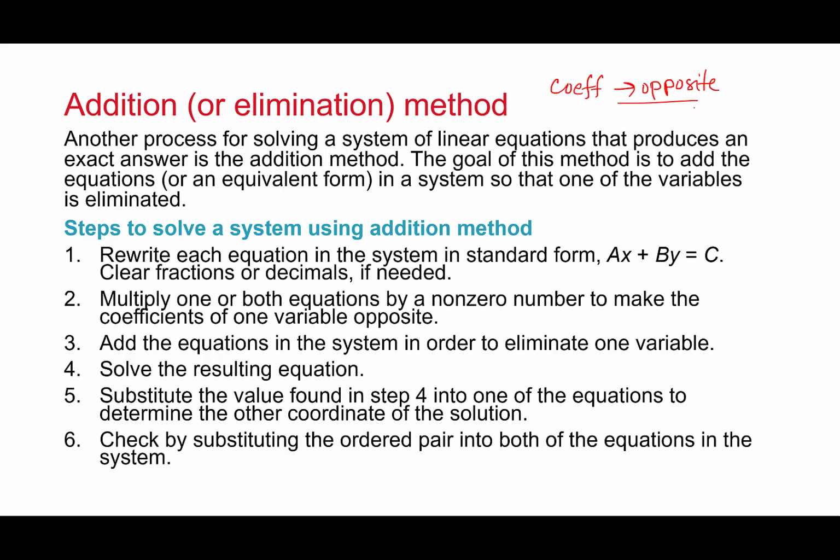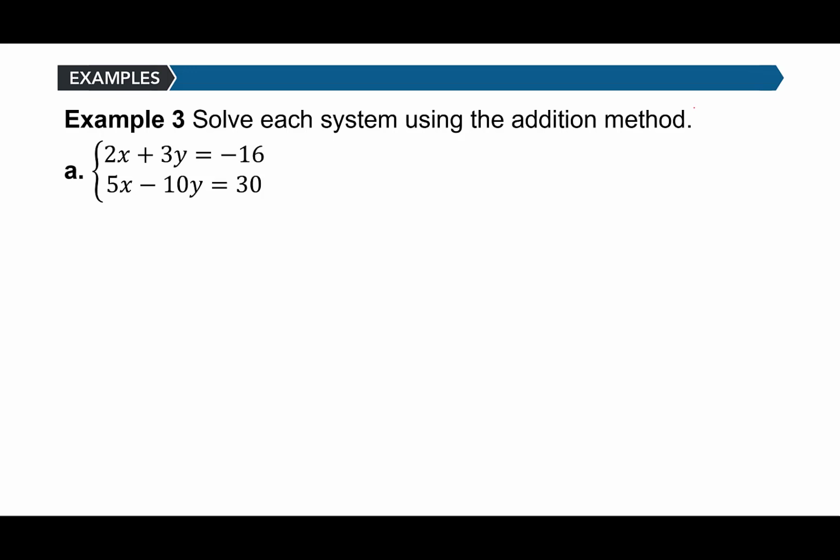If the equation has any fractions or decimals, we want to clear those out. Then we will multiply one or both of the equations by some non-zero number to get the opposite coefficients. Add the equations, solve that resulting equation, and then substitute to find the value of the other coordinate. And again, we can check. So let's look at this process.